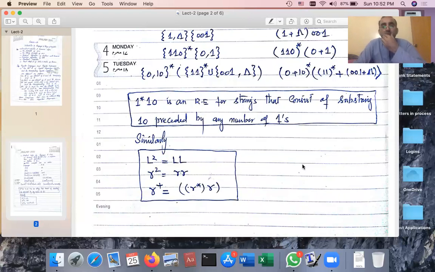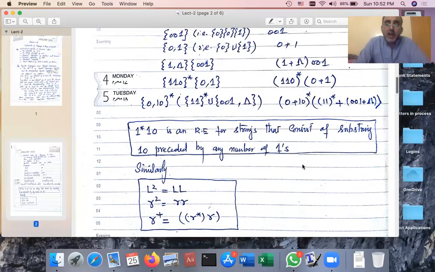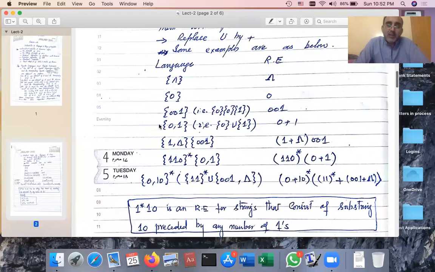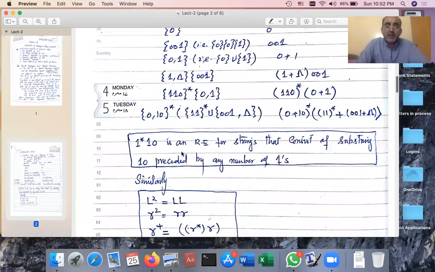Now I said that these are the mathematical definitions of a language. I can represent these mathematical definitions of a language in the form of a sentence, in a theoretical statement. For example, here 1 star 10, this is a regular expression for strings.